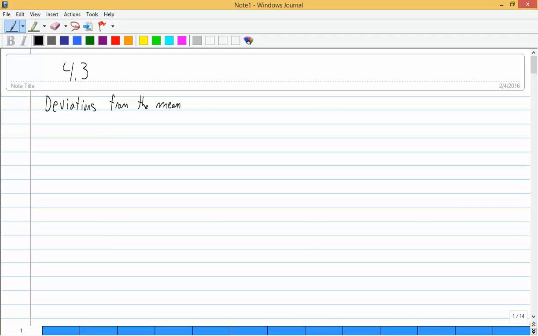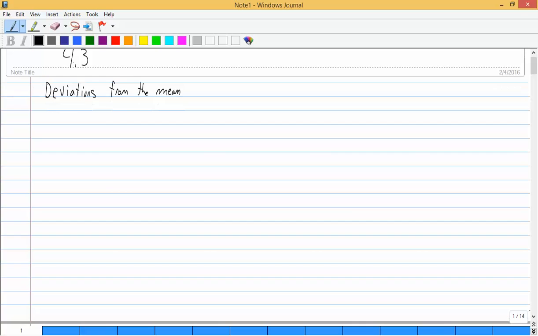And if we look at deviations away from the mean, what we're really looking at is how data items vary or deviate around the mean. Okay? And so that's going to be the main topic today.